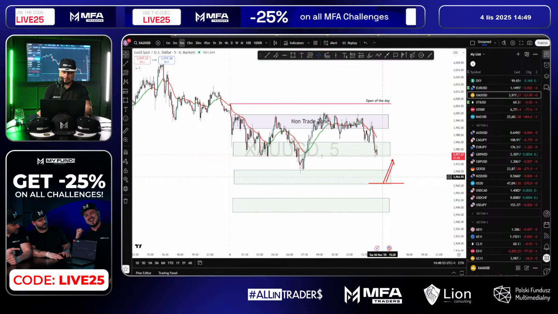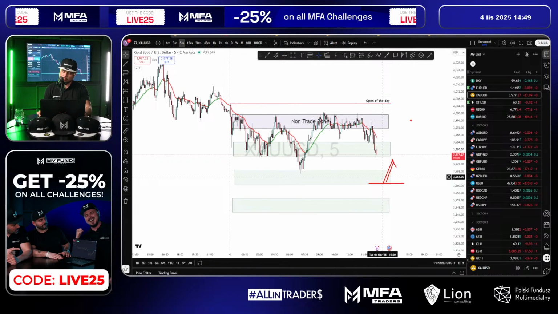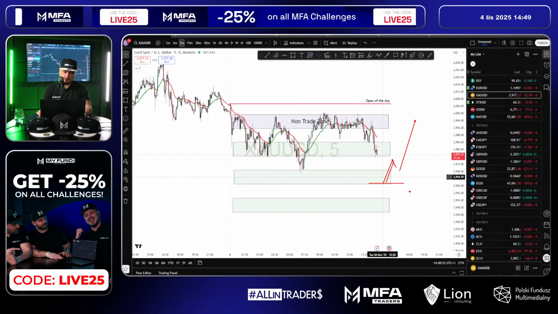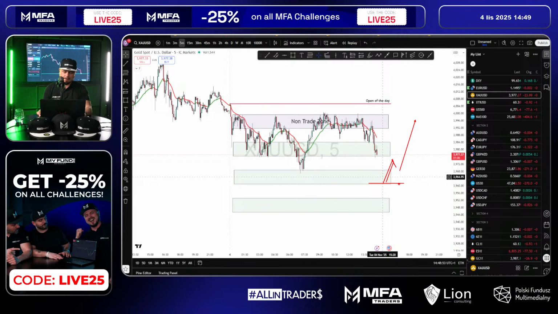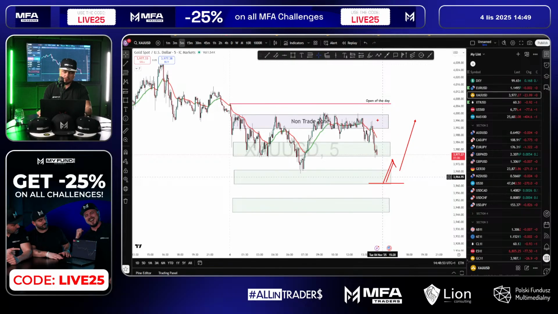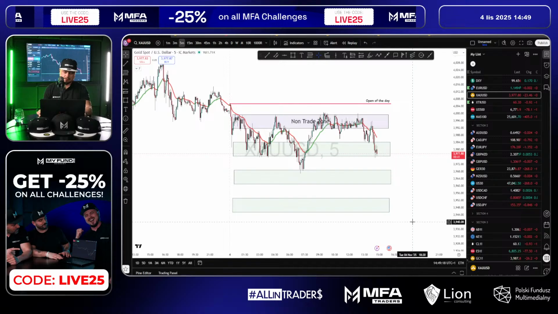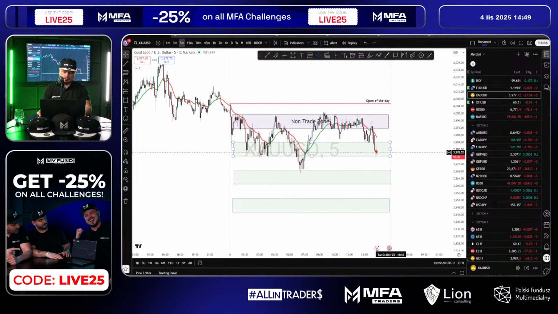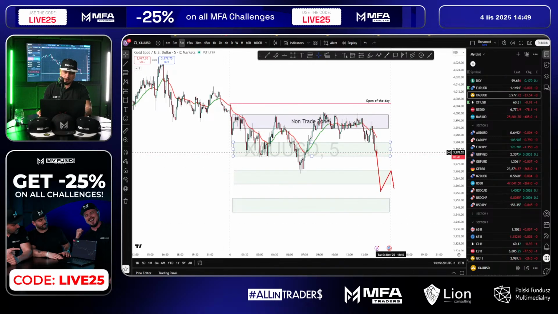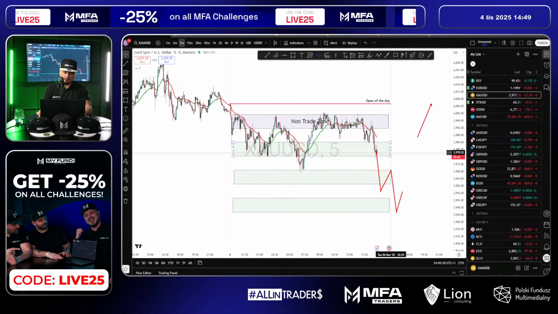So we need to see bullish micro rotation. Then we're gonna be able to open the trade with our non-trade zone or open of the day. Or if we're gonna drop down lower, that's also fine.